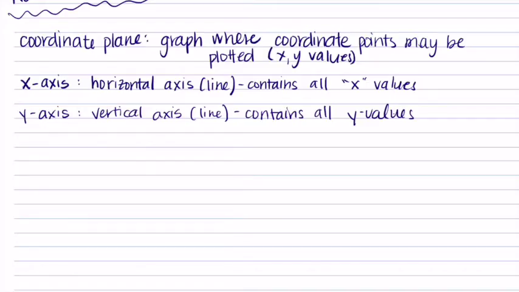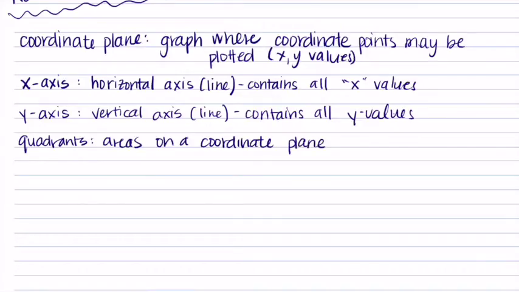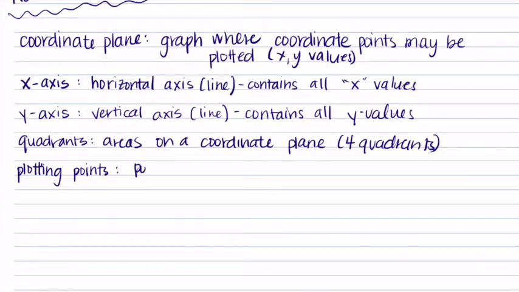We're going to take a look at quadrants, which are just the areas on a coordinate plane, and there are 4 of those. I'll show you how to mark those. We have our plotting points, which are just the points on the graph.